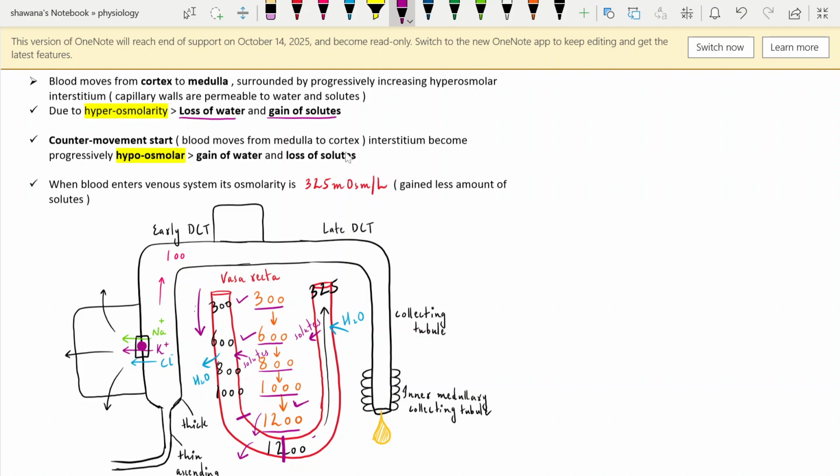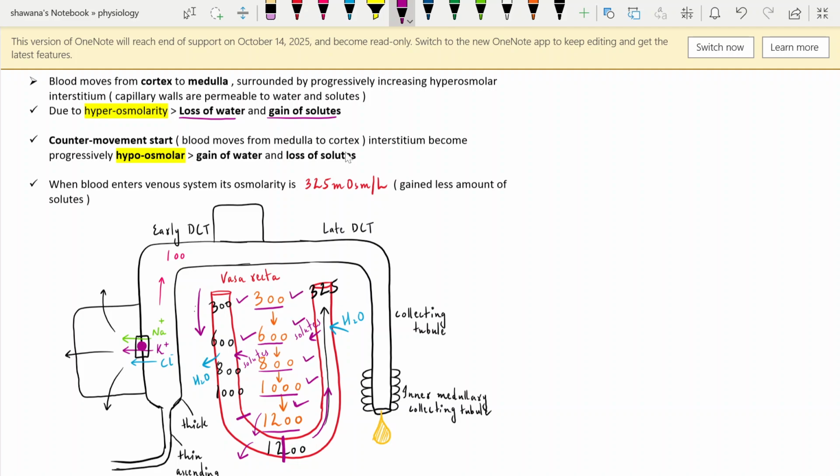When the countermovement starts, when the blood starts to move from the medulla towards the cortex, it is surrounded by progressively decreasing osmolarity, that is, increasing hypoosmolar conditions.